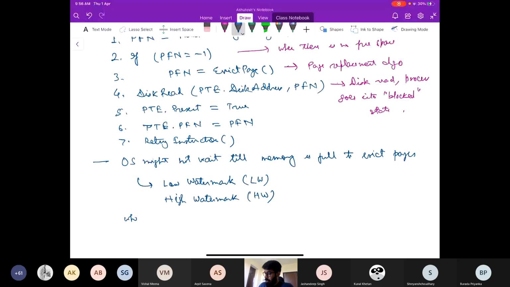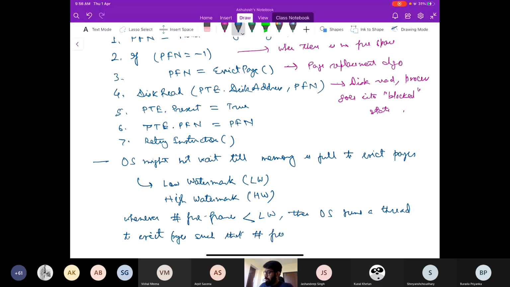Whenever the number of free frames is less than low watermark, then the OS runs a thread to evict pages such that the number of free frames is at least high watermark.